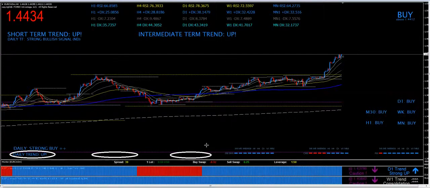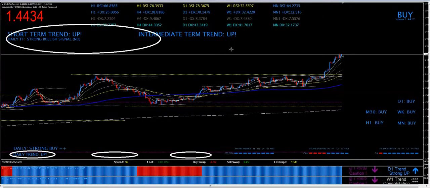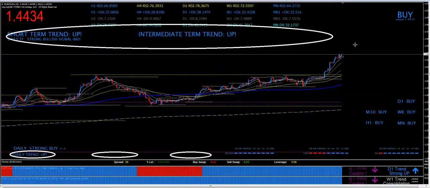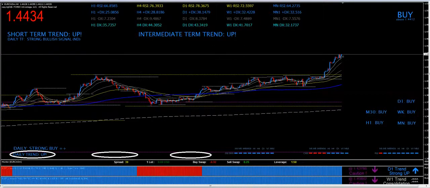Remember, that is just for that time frame, not for your overall trend for that currency. So up here is the overall trend, and down here would be the trend just for your daily, over here for your weekly, and right here for your monthly. Hope that didn't confuse anybody.